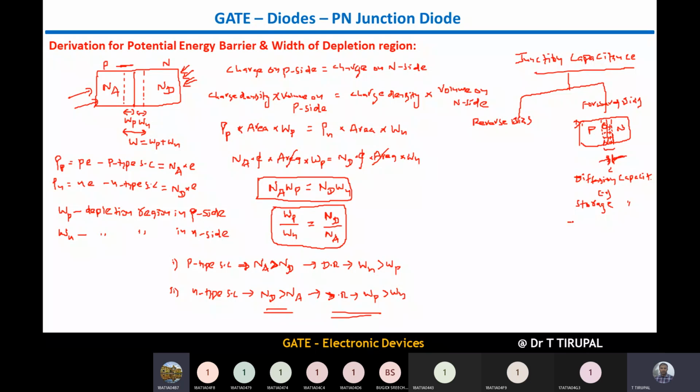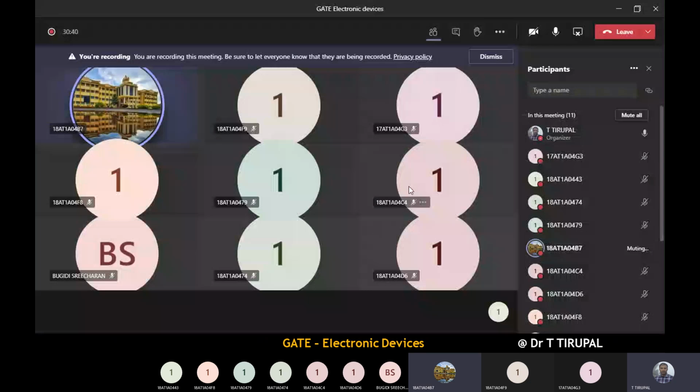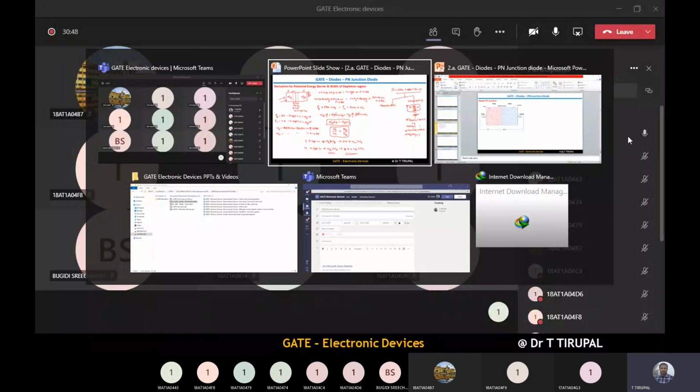Forward current exists, and it is due to majority charge carriers.